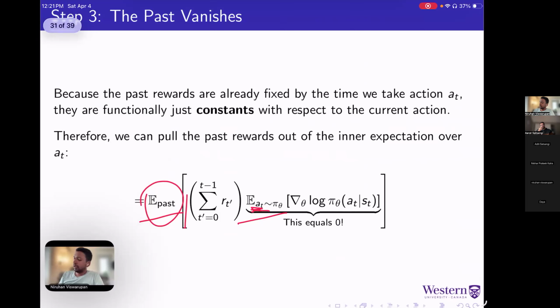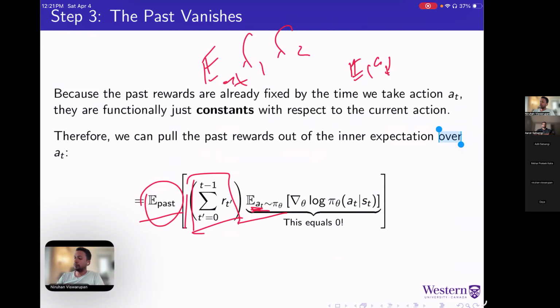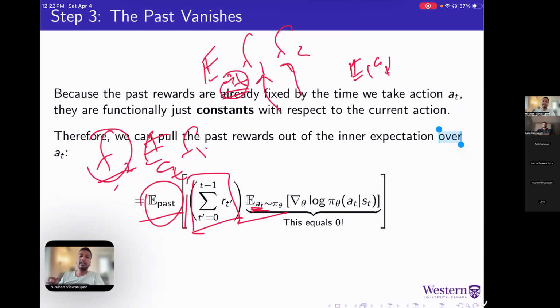Since this a_t doesn't affect this, if you take the expectation over a_t, and you have some f1 and f2, where f1 is affected by a_t but f2 is not, then you can do f2 times the expectation over a_t of f1, right? Because with respect to that particular action, this is constant.